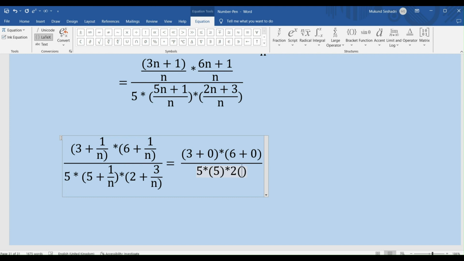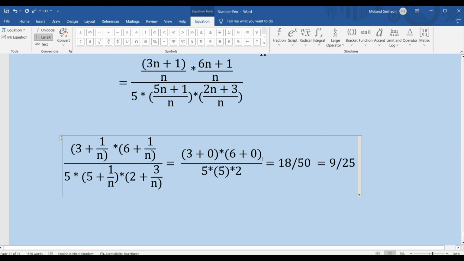So I have my numerator as 18 and my denominator as 50, which is nothing but 18 by 50, which if I further simplify, I get 9 by 25, right? So that's how we arrive at the solution for this problem.